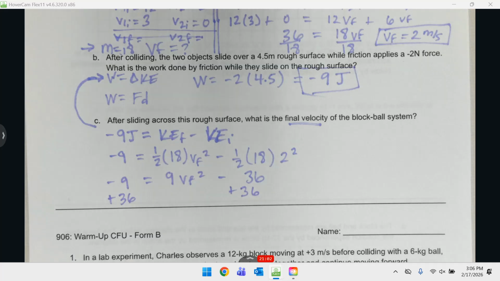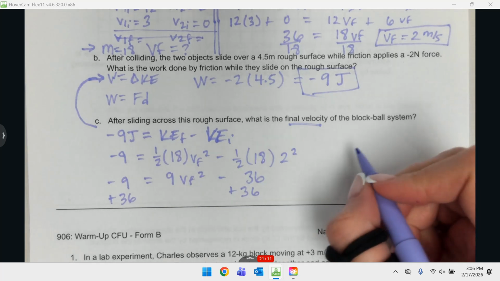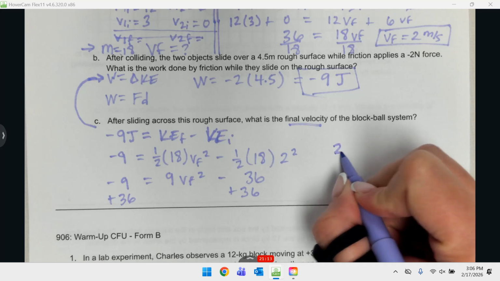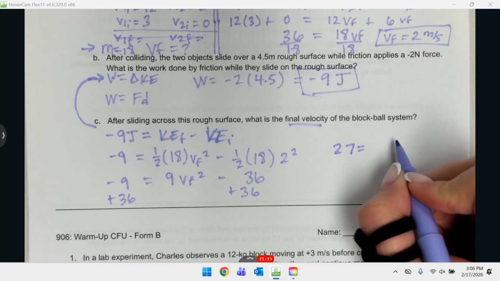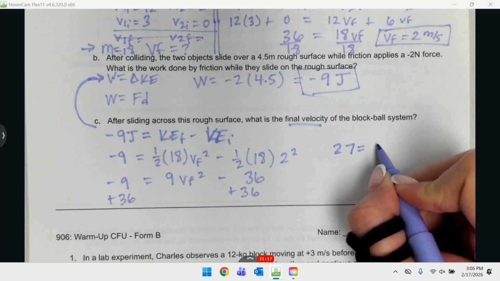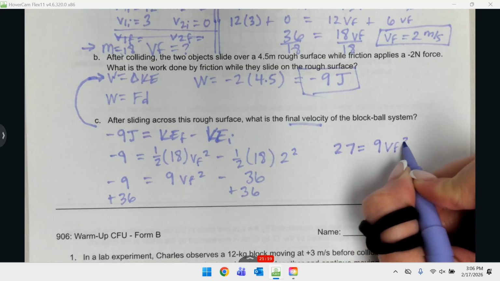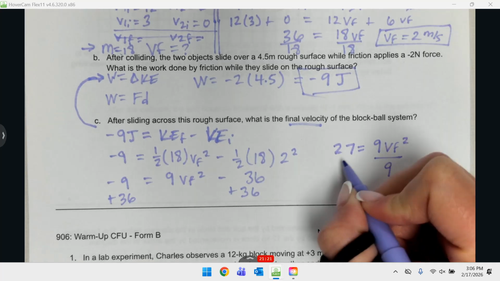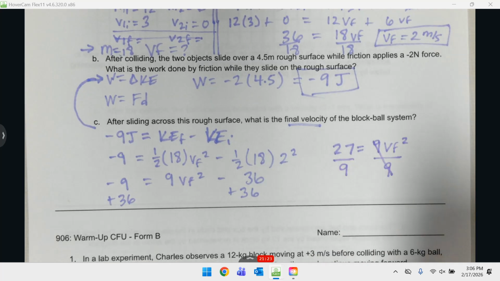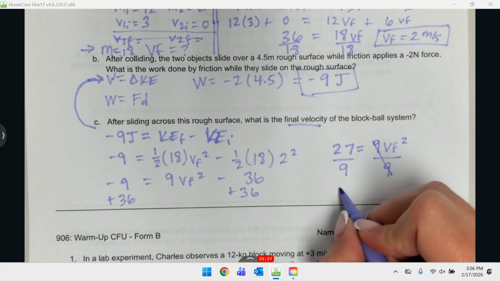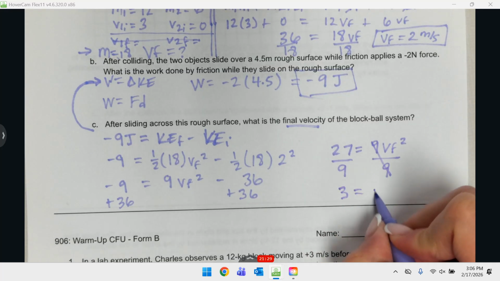Okay? And so, if you don't know what 36 minus 9 is, you can type it into the calculator, but it should be one that you can do in your head. That gives us 27. That's 36 minus 9 equals 9 VF squared. Again, from here, we're going to divide both sides by 9. 27 divided by 9, probably not something you need a calculator for, is 3 equals VF squared.